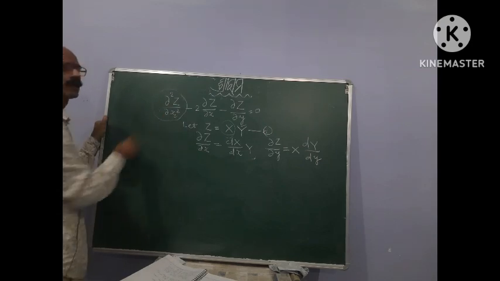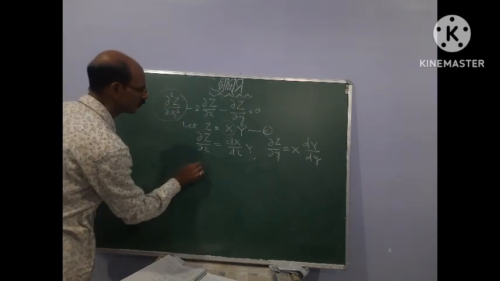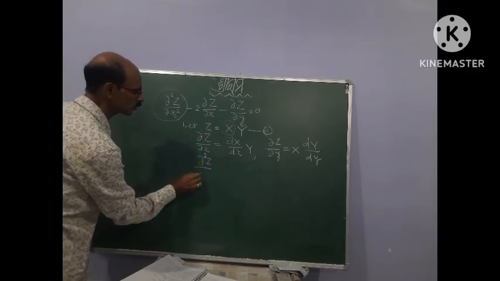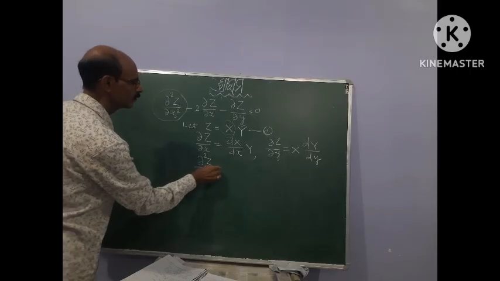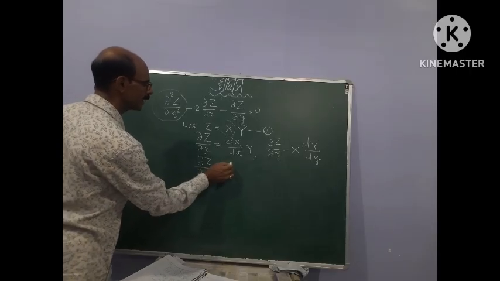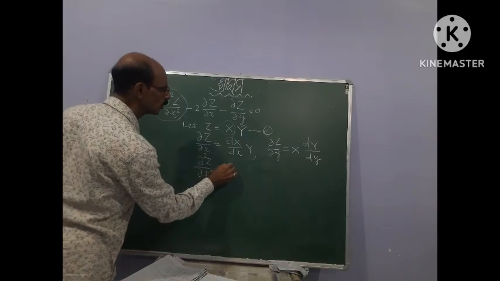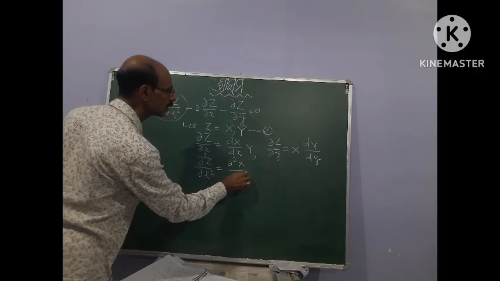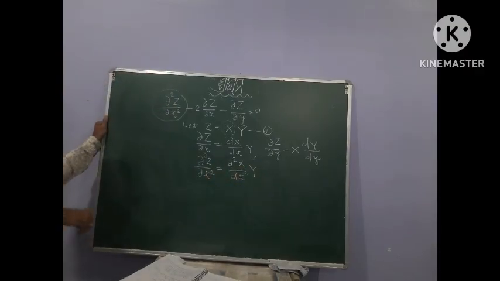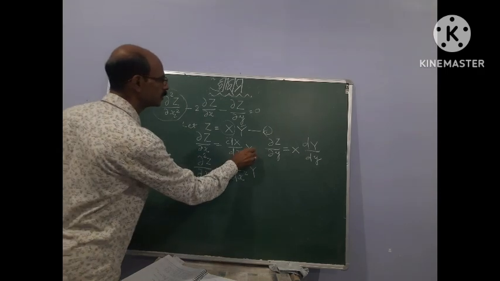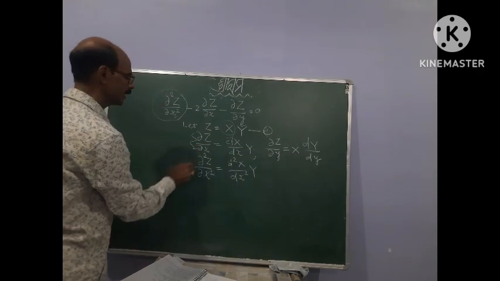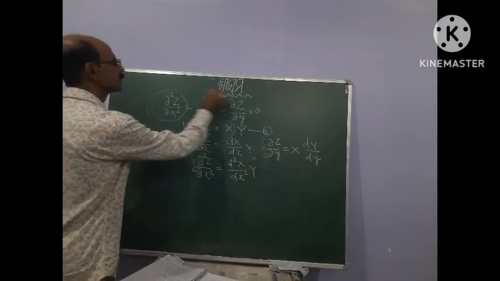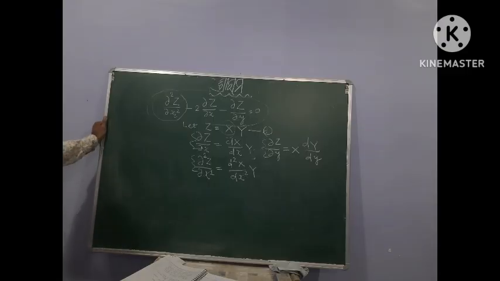Here we require a second derivative, therefore del z by del x is already there, so del square z by del x square, it will be del by del x of this, so d square X by dx square times Y. Now put this del z by del x, del square z by del x square, and del z by del y in this given partial differential equation.